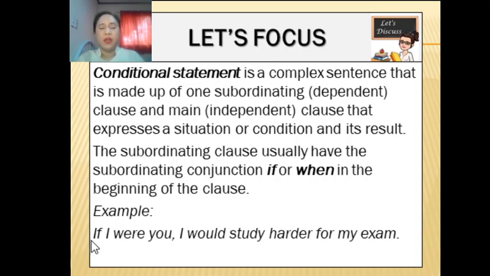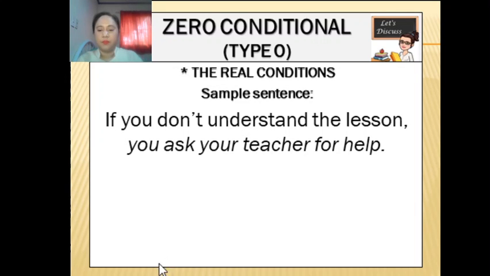Since we have the word if, we know that this is a subordinating clause because of the conjunction if. We know it is a clause because you have the word I, which is our subject, and were, which is our verb. "If I were you" tells us a certain condition or a certain situation.